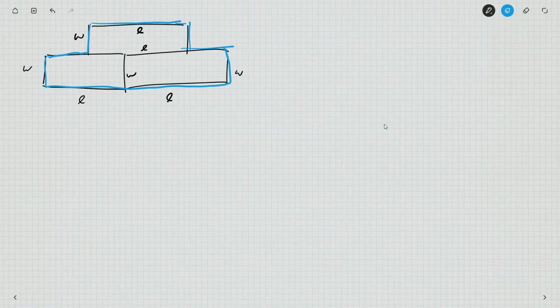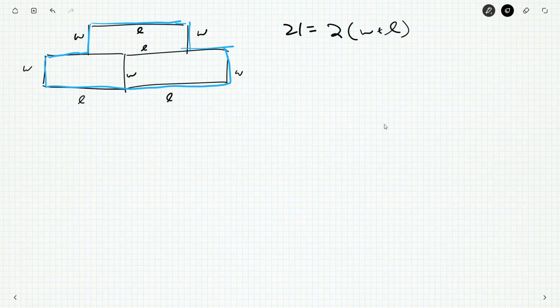Now, what are we told? We're told 21 is the perimeter of one of them. So 21 is 2 W's plus 2 L's, or 2 times (W plus L), however you want to write it. Okay, so I suspect we're going to get a multiple of this, because there's no way to solve for W and L individually. So what do we have here?